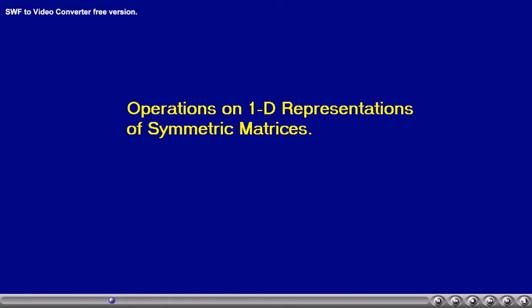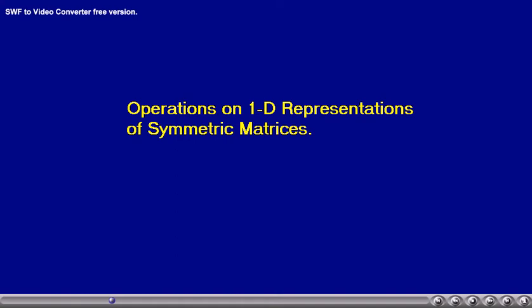Let us assume that we require some operations like adding two symmetric matrices, subtracting symmetric matrices, multiplying two symmetric matrices, etc. We do not want to do it at the 2D level, rather we wanted to do it at the 1D level.